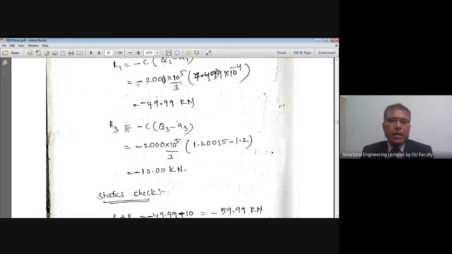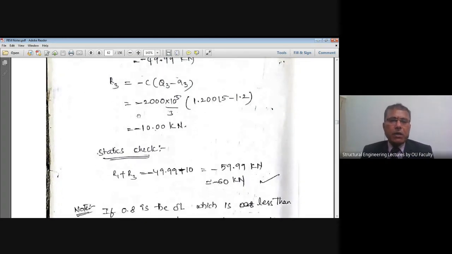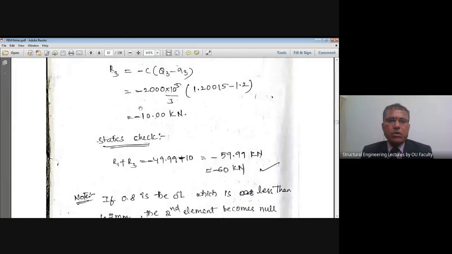Doing the same, I'll get the reaction along the third degree of freedom. R3 is equal to minus C, Q3 minus A3. Q3 is obtained from the FEM solution as 1.20015. But for the original structure, how much space is available? The specified space available is only 1.2, right? A3 is specified as 1.2.